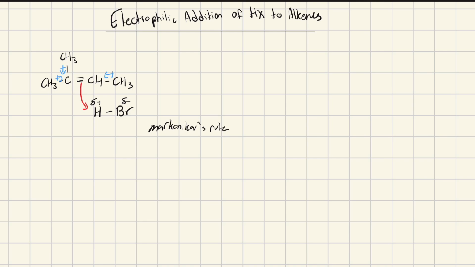So once the hydrogen attaches, we're going to see our carbocation formation here on the left, as it's going to be more stable there. And then we'll have CH2, CH3 after that.